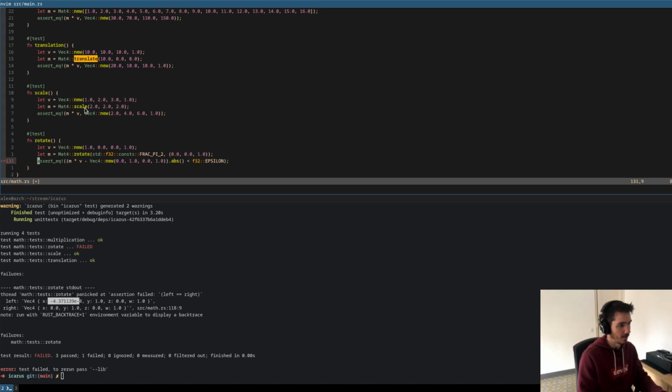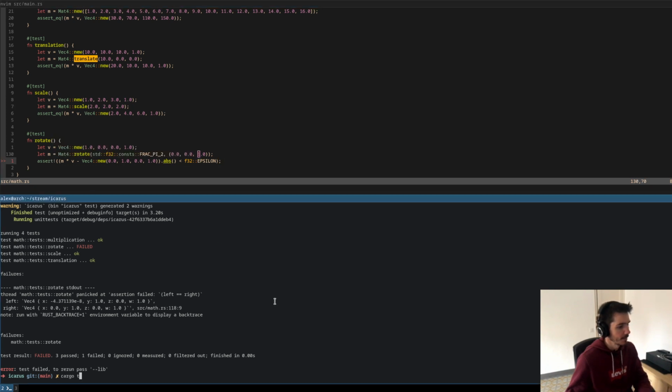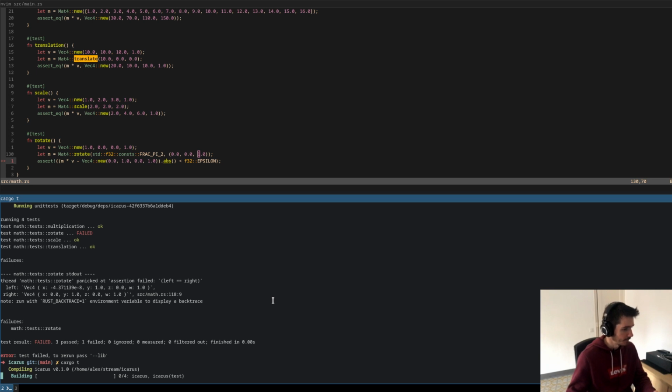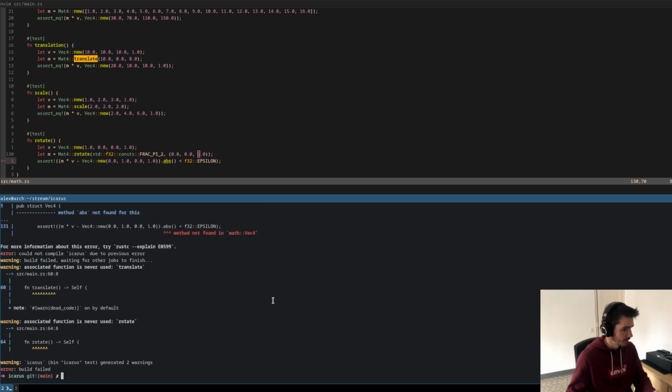And this becomes now an assertion, not an assert equals. Let's give it a try. Method not found in... that's right.